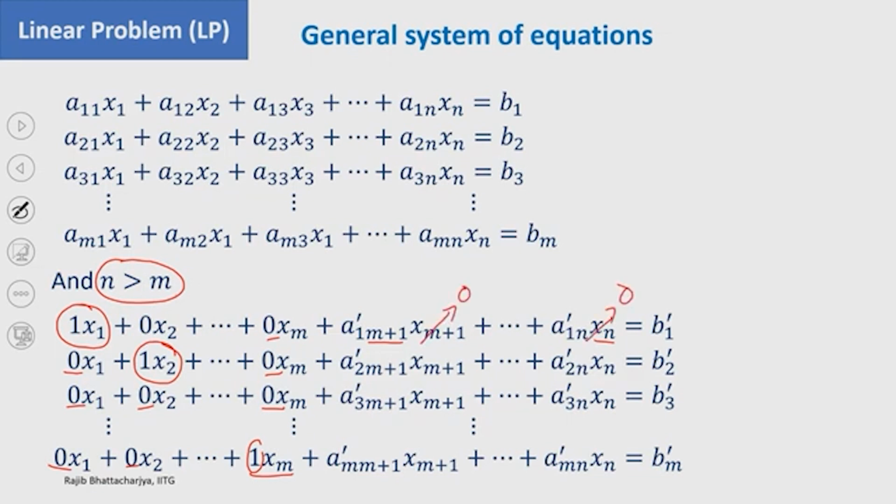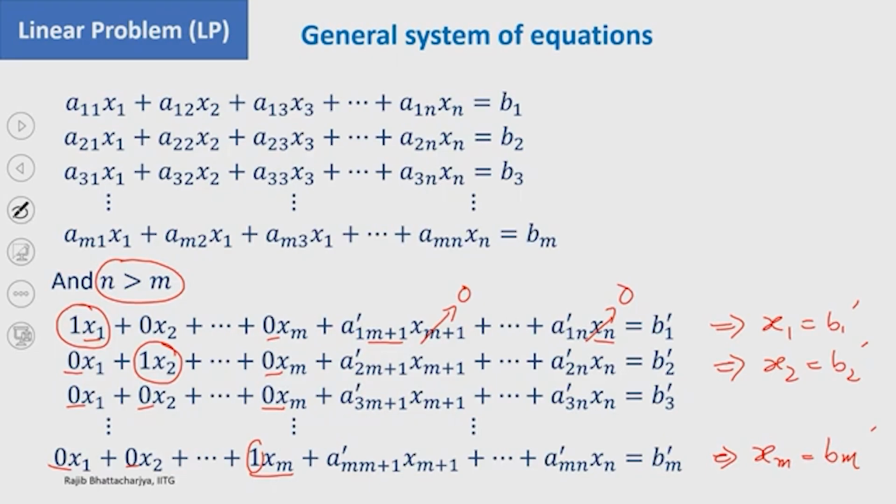If I say that the non basic variables are all 0, then one possible solution is that x 1 equals b 1 dash. Similarly, I get x 2 equals b 2 dash, and for the last equation x m equals b m dash.